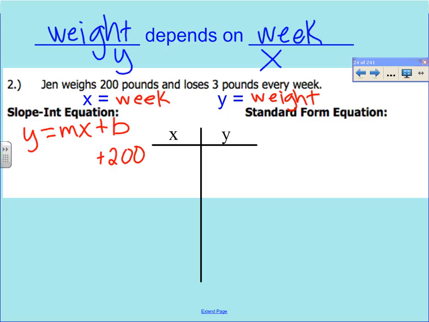What goes in for m? Sage? Well, think about it. This person is losing, minus. So it's kind of like the word problems, like you're losing money or losing something. So negative 3x, because Jen is losing 3 pounds every week.